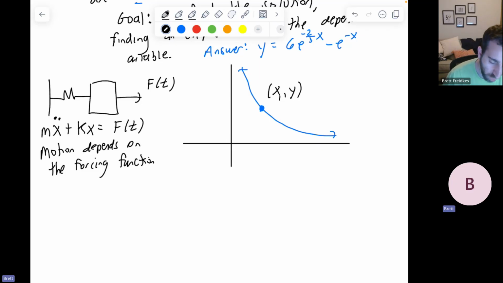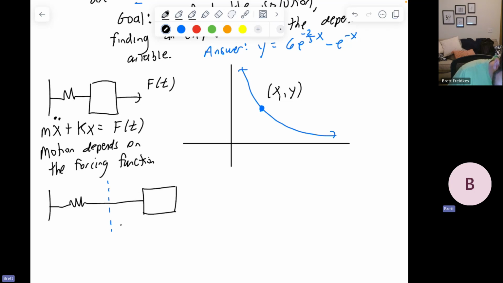Now, another thing that determines the position of the mass is where it started. So let's say I have a mass that started all the way out here. This is our equilibrium point, what we would call x naught at t naught equals 0.